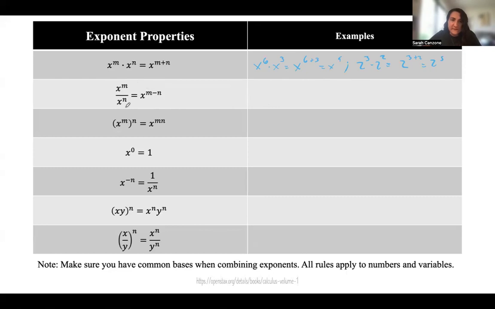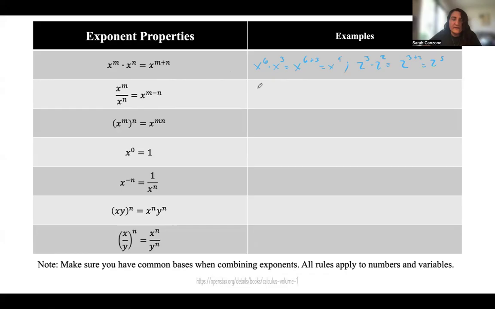Here, if you see division, it's just the opposite of this one. If you have x to the m over x to the n, and again, this only works if you have the same base. If you have x and y where they're two different numbers, it doesn't work. If you want to combine it into one base, you subtract the exponents. So this turns into x to the m minus n.